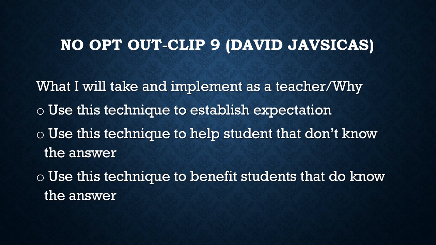What will I take and implement as a teacher and why? I will use this technique to establish expectation as I spoke on previously. I want to definitely make sure I'm establishing a high expectation method in my classroom. I will use this technique to help students that don't know the answer. I definitely want to help them improve and learn that hey, we're gonna practice getting it right.